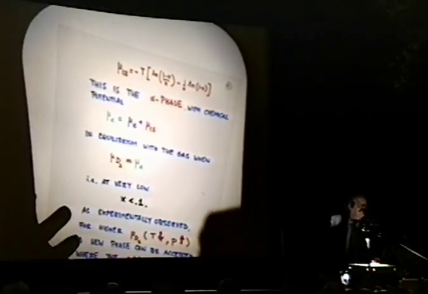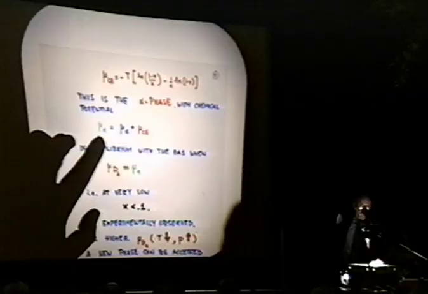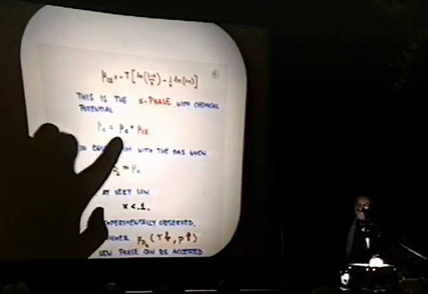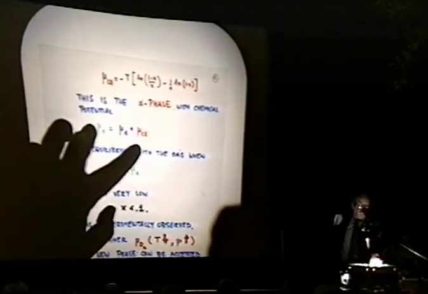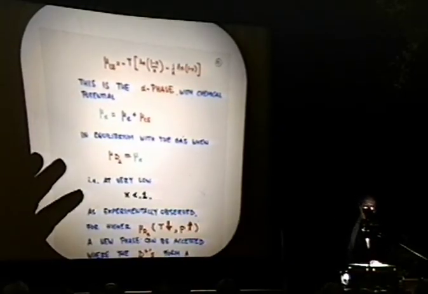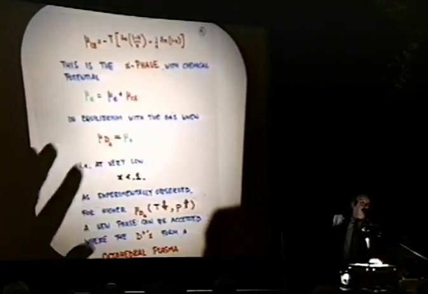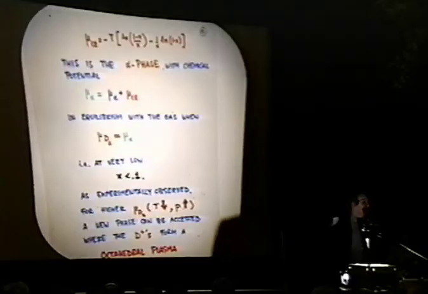This is the alpha phase. Finally, this mysterious alpha phase just comes out, because the chemical potential of the alpha phase, which is the sum of the chemical potential of the electrons and the configurational entropy chemical potential of the deuterons in the octahedral position, is in equilibrium with the chemical potential of D2.